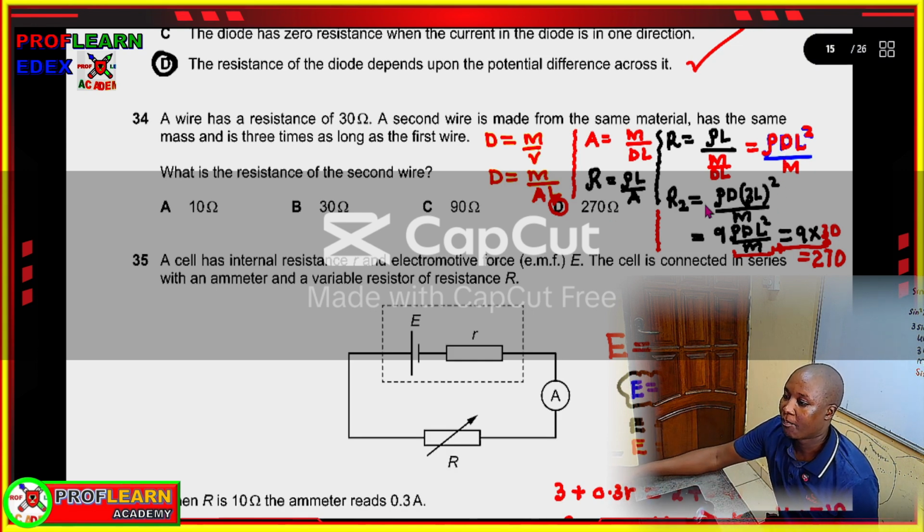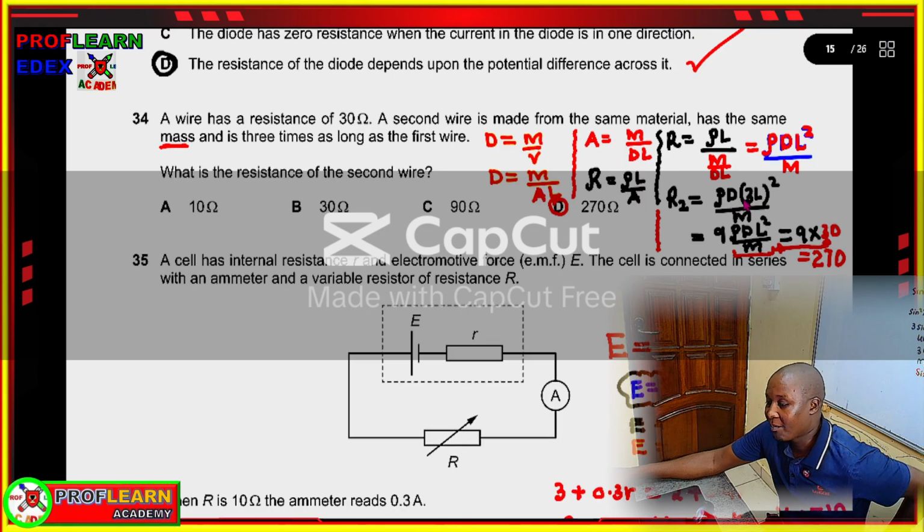But we are told for the second wire, it is made from the same material, so density will be the same, and the mass is the same. So the resistance of the second wire has the same resistivity, the same density, but the wire is 3 times as long as the other wire, so it's 3L.